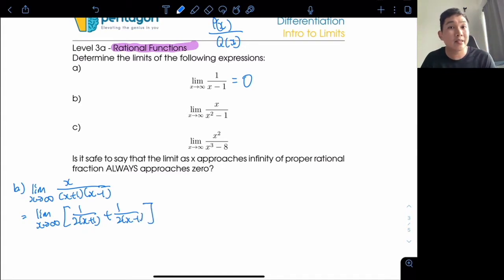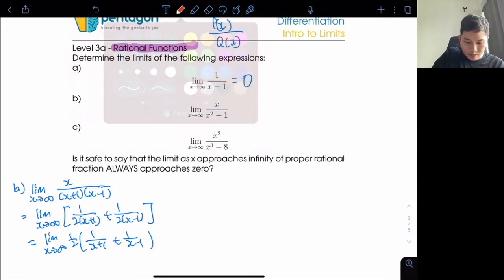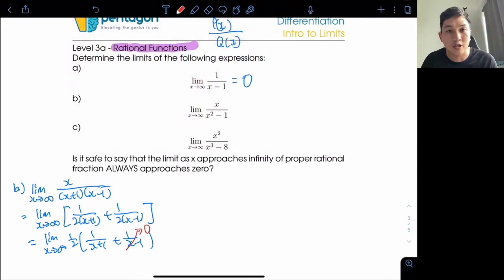Okay, and I'm going to make things easier. I'm going to factor out the half. So you have 1 over x plus 1 plus 1 over x minus 1. And straight away, you can see 1 over x minus 1. This is going to approach 0 as x becomes larger and larger. We just did that in part A. All right. And if you look at this one over here, right, it is the same thing, right?